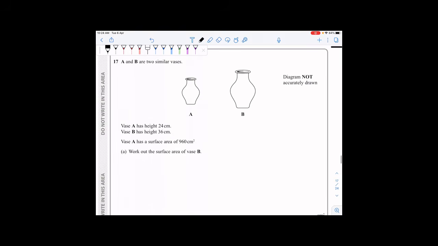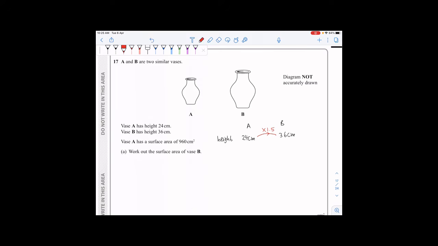In 17, we've got similar shapes. It's A with a height of 24 centimeters and B with a height of 36 centimeters. I can immediately tell you that the scaling factor, what I'm multiplying by, is 1.5.